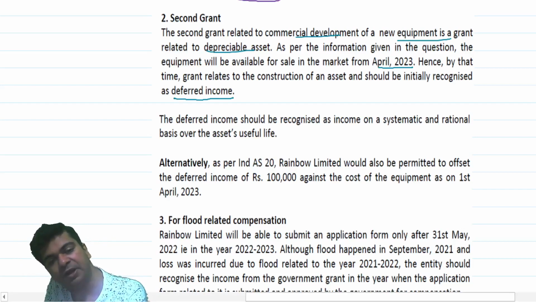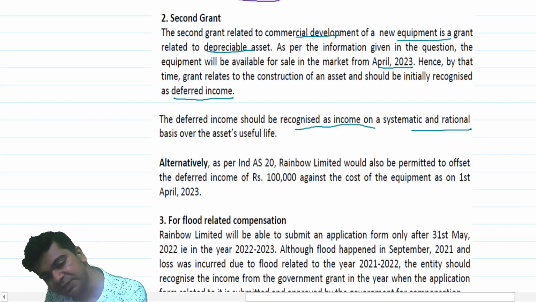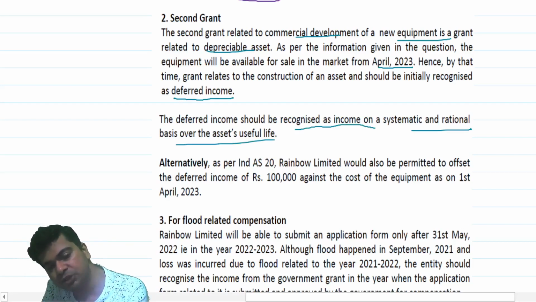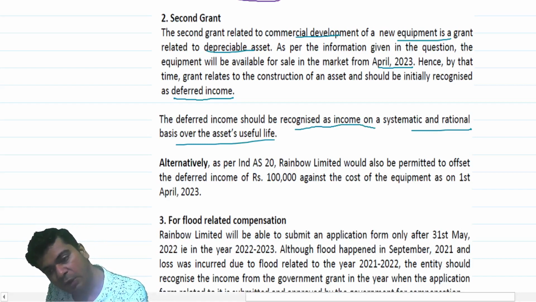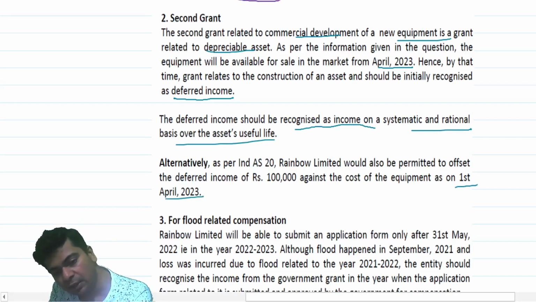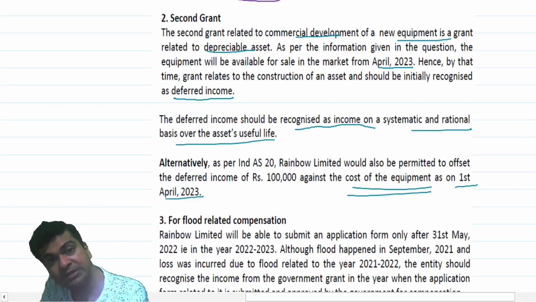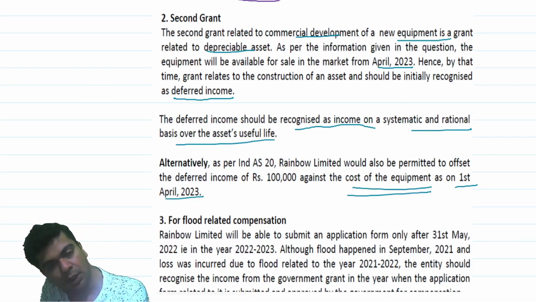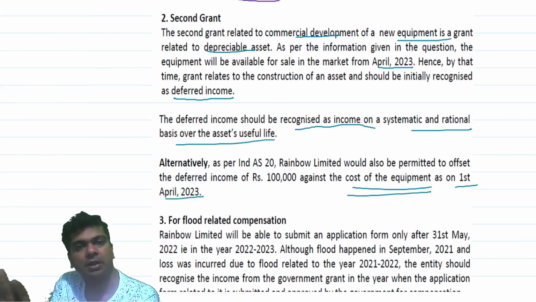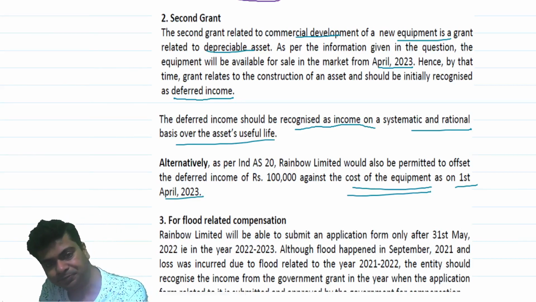If you follow the deferred income approach, you can even recognize that income on a systematic and rational basis over the asset's useful life. Or alternatively, you wait till April 2023, and on 1st April 2023, once the cost of the equipment has been determined, once the capital WIP is transferred to a completed fixed asset, at that time 1 lakh can be deducted from the cost of the asset.